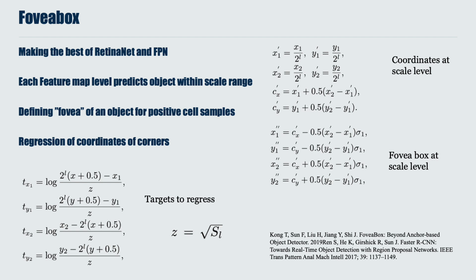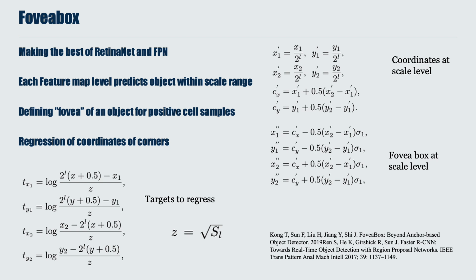Or similar, here we have FoveaBox, which tries to do the best of RetinaNet and an FPN, and for that each feature map will actually predict objects within a specific scale range. So they define empirically what that scale range should be at each feature map level, and they define a fovea of an object for the positive sample.